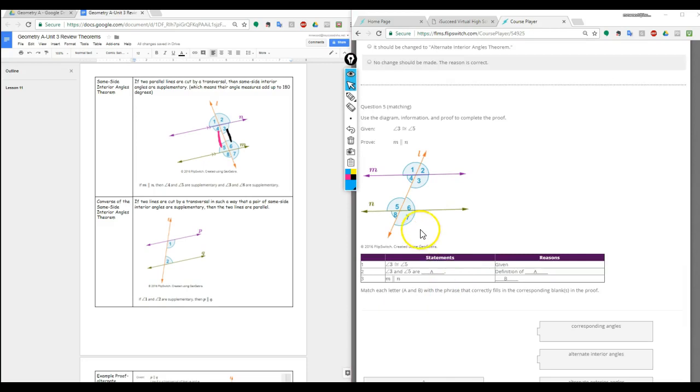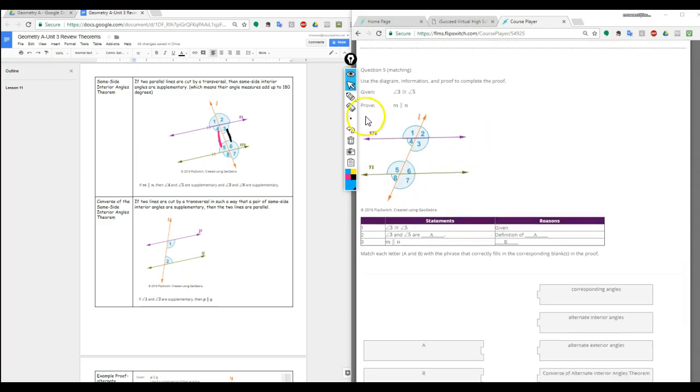And then use our diagram here. Given that angle 3 is congruent to angle 5, prove that M is parallel to N. So we're looking for the converses of this because we're proving that the lines are parallel. Angle 3 is congruent to angle 5. That's given.